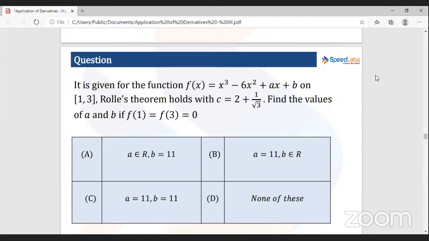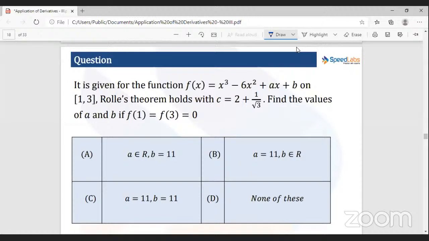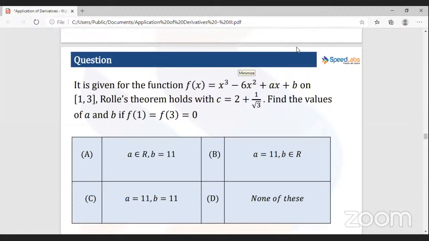So should we discuss the solution now? Yes, Kritika, it is D, and yes, I'll brief you about Rolle's theorem.